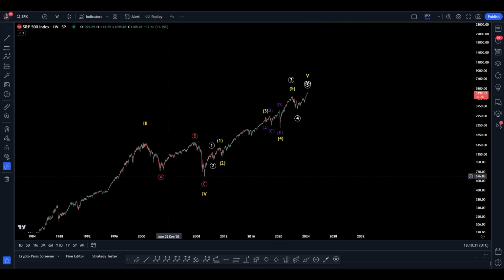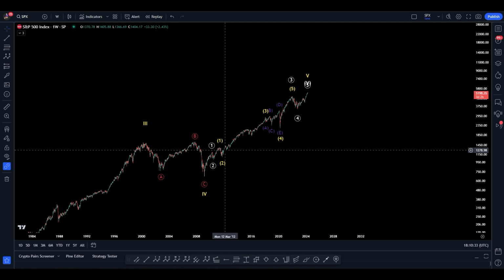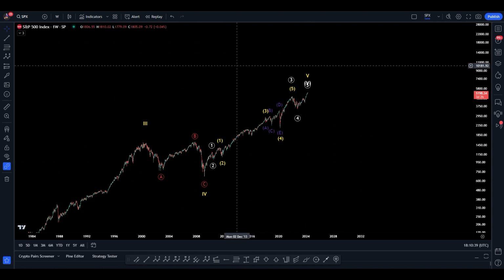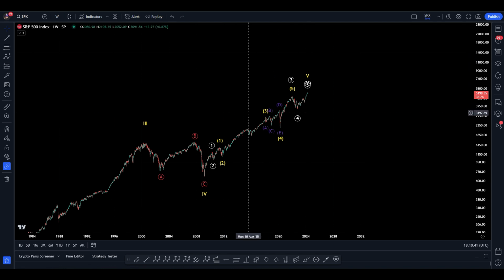Off the 2009 low, we have 5 waves up. There's a couple things I don't like about the account as far as time goes, and we have relatively short-term options for it.